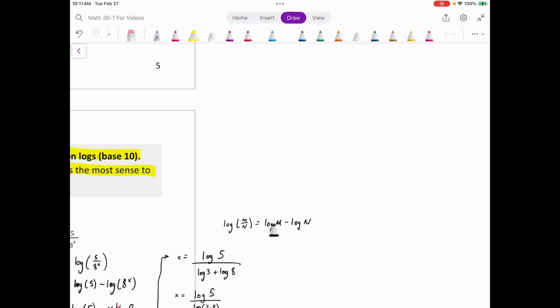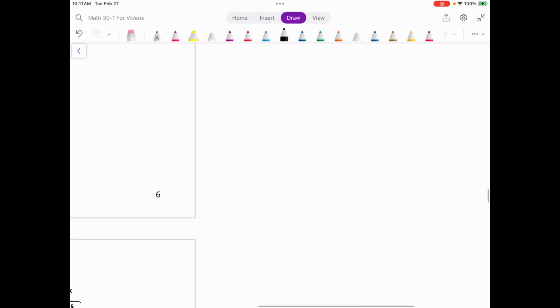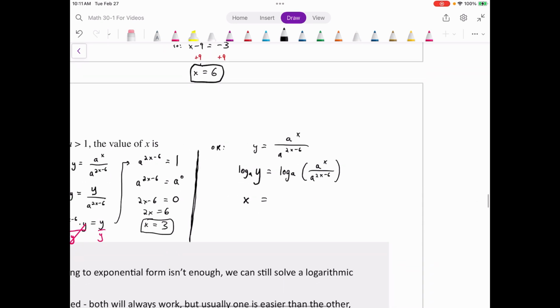And that seems pretty promising in terms of simplification, because I'm going to be having a log base a of an argument that contains an a, and same thing here, which means it probably will be pretty simplifiable. So if I split this up into two using my quotient logarithm law, I'll have log base a of a to the x minus log base a of a to the 2x minus 6.